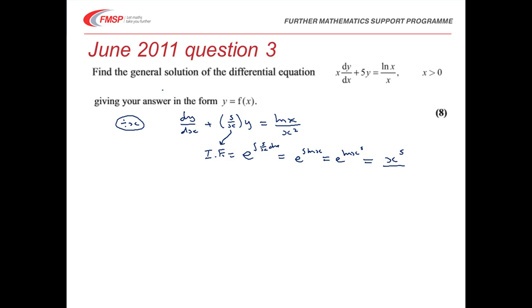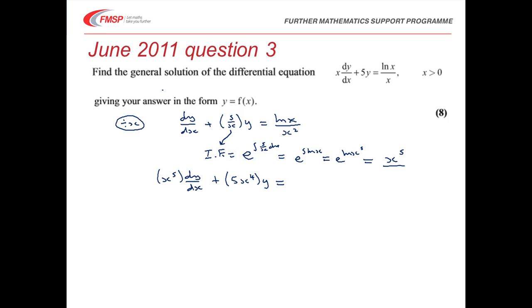So now if we multiply all the way through by this new integrating factor, we should have the correct form to proceed with this differential equation. So we'll have x to the 5 dy by dx. I'm just bracketing the terms to make it clear what's happening. 5 over x times x to the 5 will be 5x to the 4.